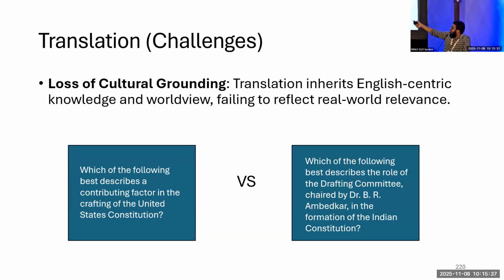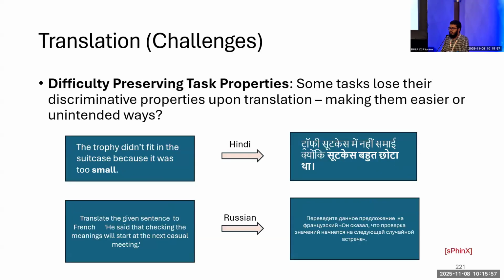Rather, it would be better to have the question on the right, which is actually asking something about the Indian context. Hindi, for example, is an Indian language. People may ask the right question more often than the left question. So it would help if you can culturally ground your benchmarks so that you get much more real-world performance.